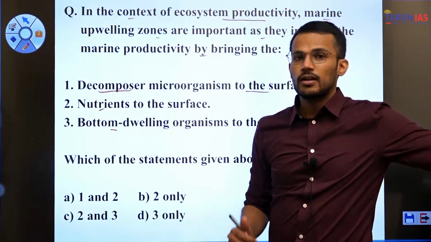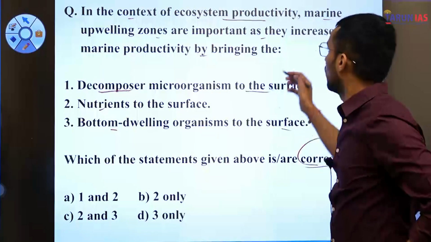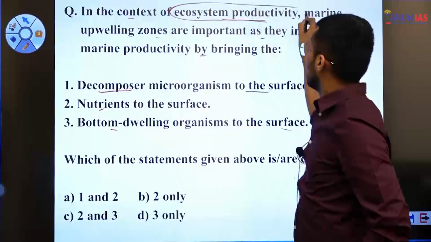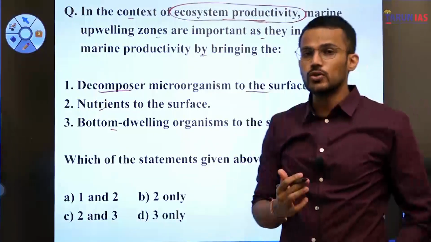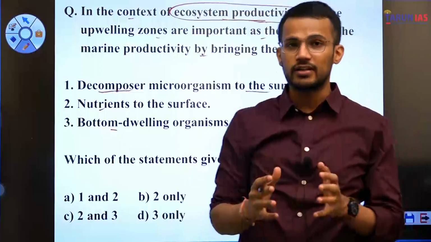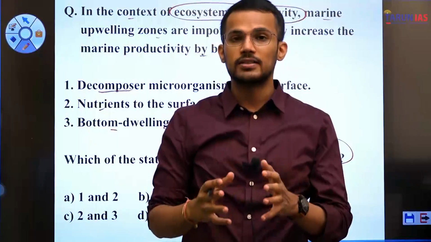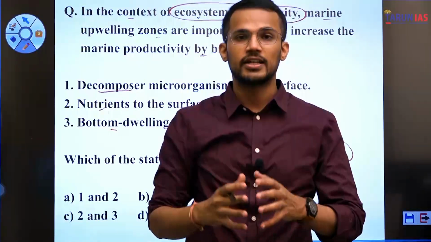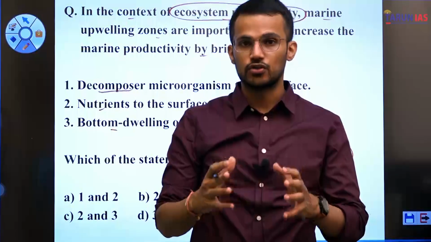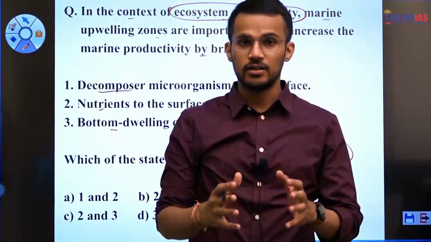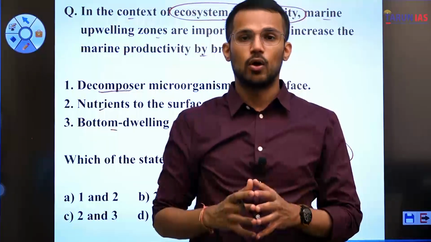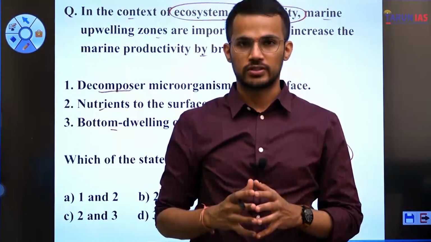First of all, let us define what is ecosystem productivity. So, ecosystem productivity is the rate at which biomass is getting produced or getting accumulated at different trophic levels. And there are two prime types of productivity of ecosystem.